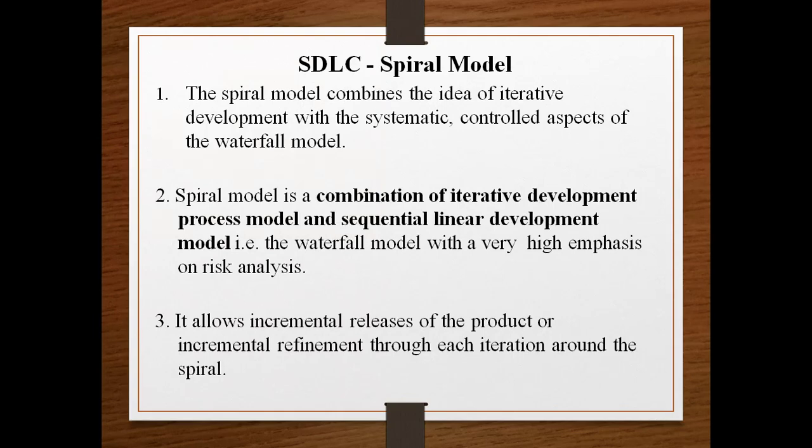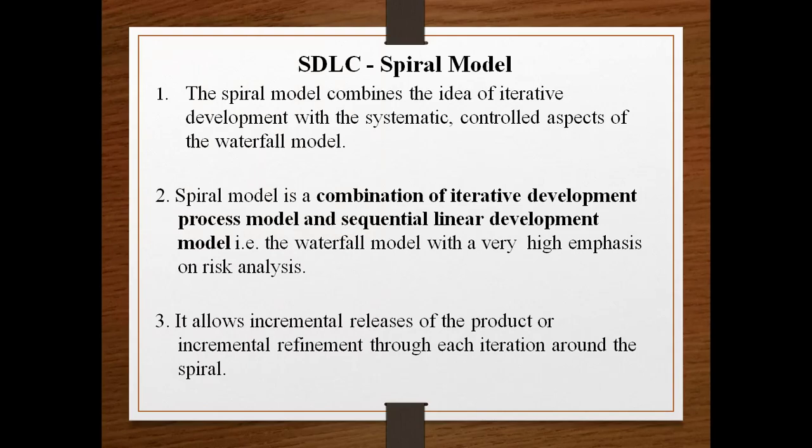Now next is the spiral model. This is one of the most important models which is going to reduce the risk involved in the model. The spiral model combines the idea of iterative development with the systematic control aspects of waterfall.